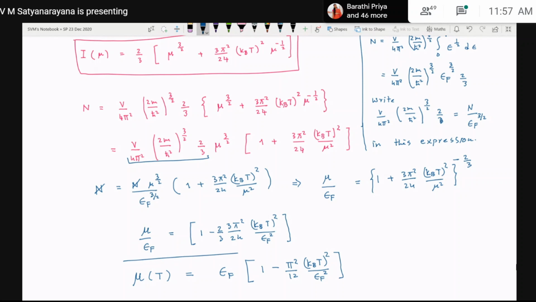So this is the temperature dependence of the chemical potential.